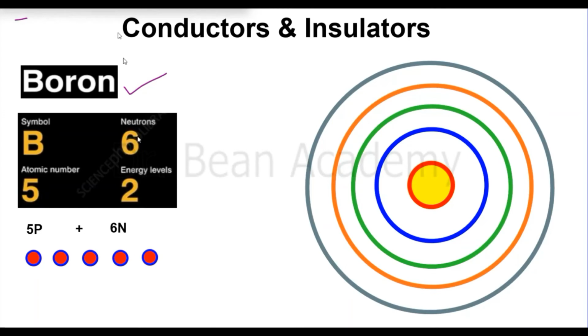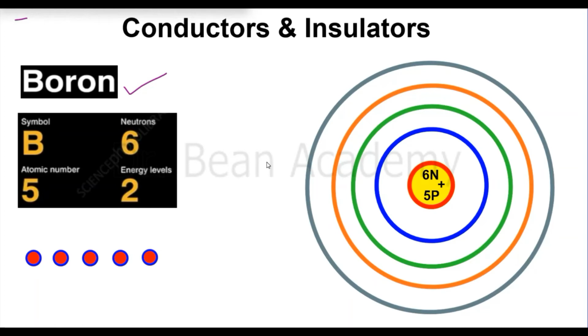So I can put 6 neutrons here and then 5 protons will also go into the nucleus because the atomic number is 5, so there should be 5 protons in the nucleus, and this gives the nucleus a total positive charge, the charge of the 5 protons.